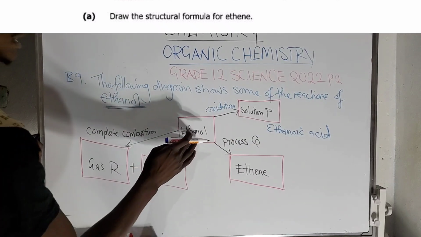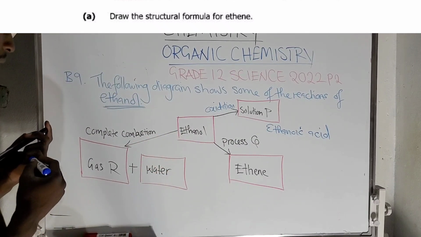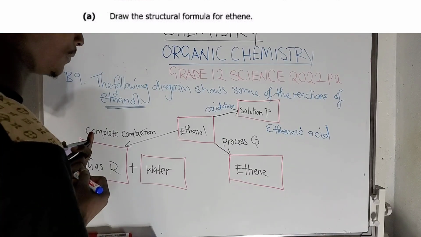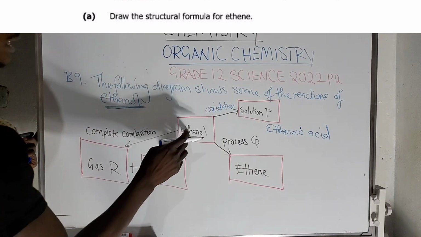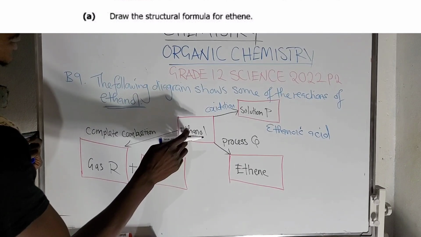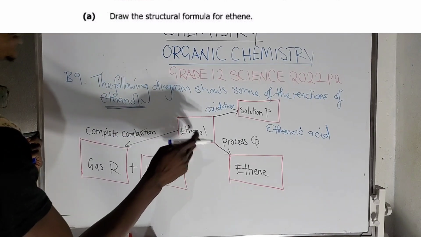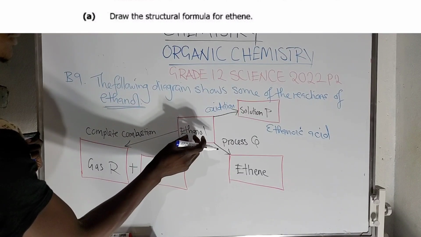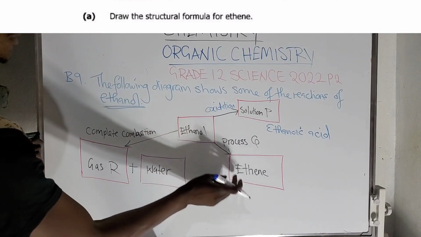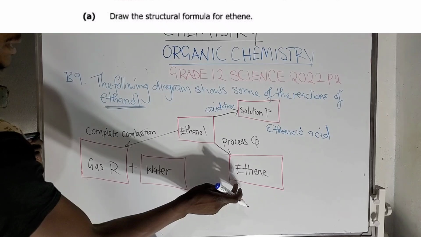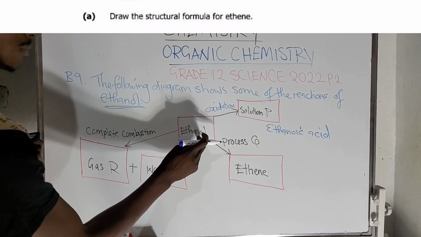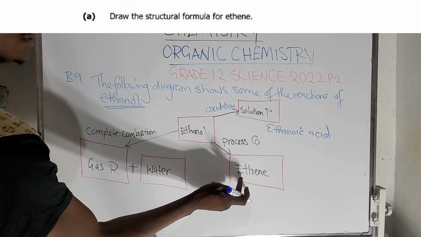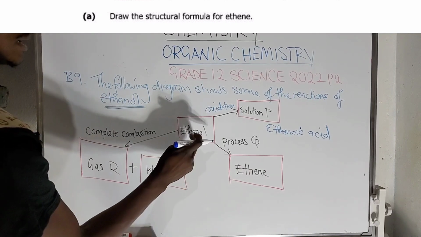Then ethanol can also undergo hydration, when you add water to ethanol. Dehydration, sorry. When you remove water from ethanol, you form ethene. Now, when water is added to ethene, you form ethanol.